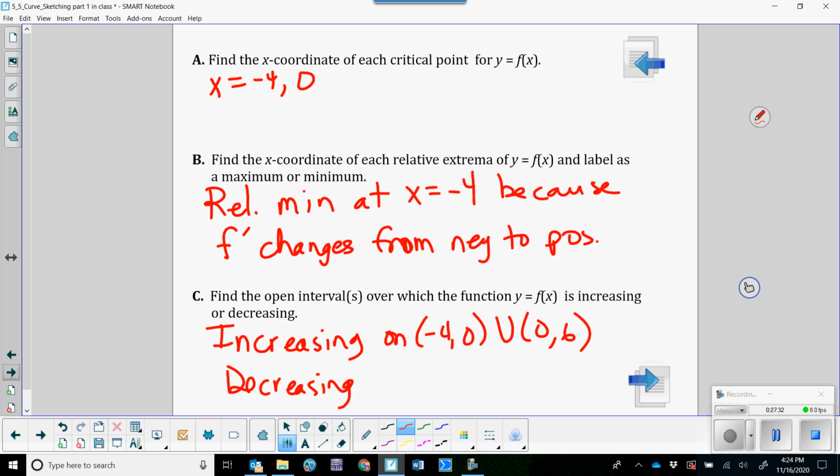That's the only place that f prime is below 0. And this is where f prime is greater than 0. And this is decreasing on -6 to -4, where f prime is less than 0. Okay? So there's our definitions, and there's our increasing, decreasing.